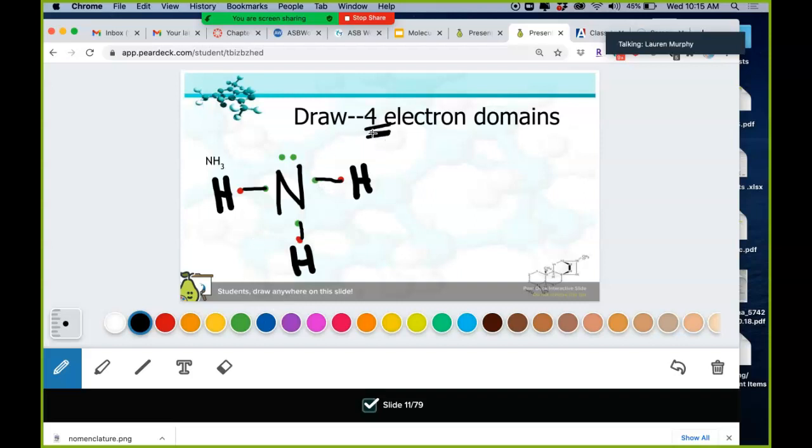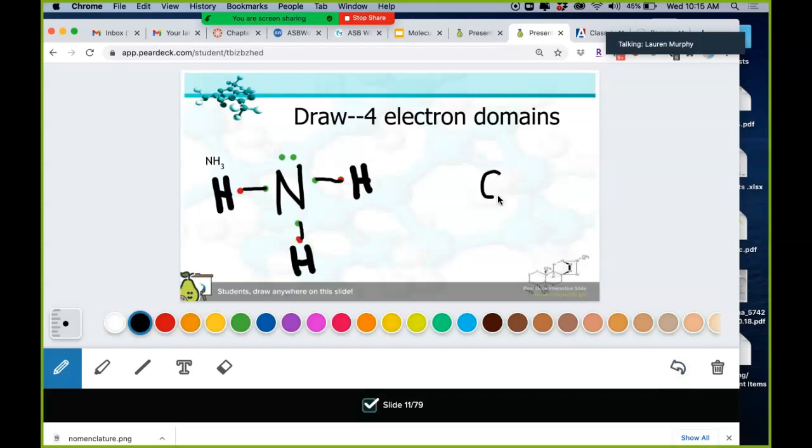So again, there's 4 electron domains because there's 1, 2, 3 groups of electrons involved in bonds, and then here's your 4th in a lone pair. Still 4 groups of electrons around the central atom.